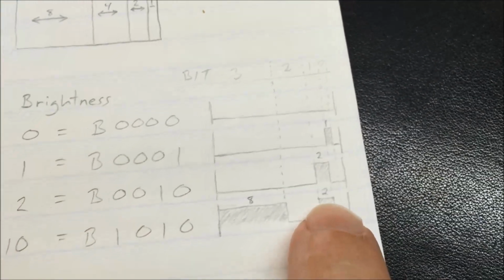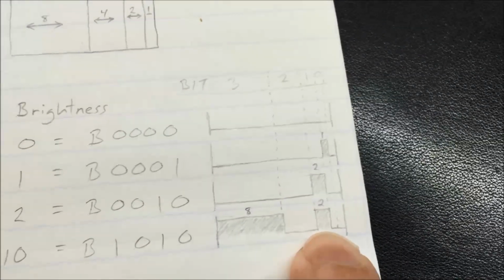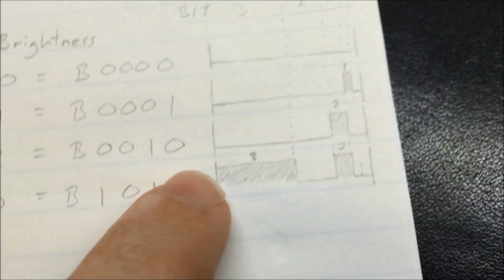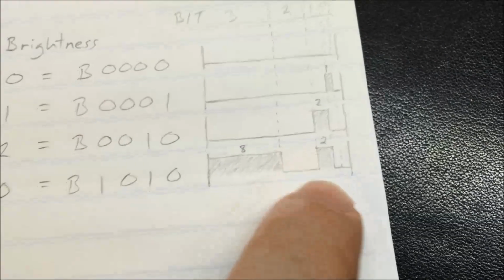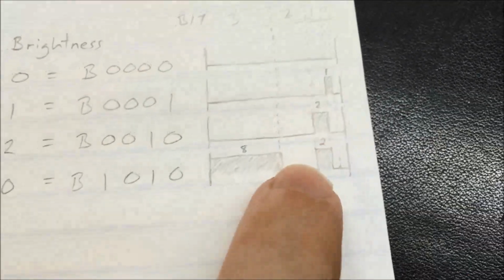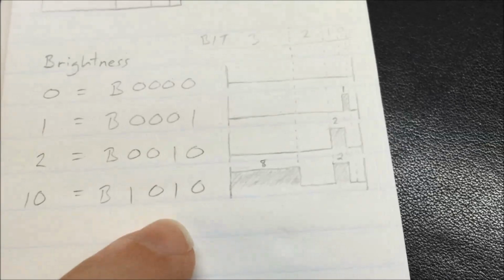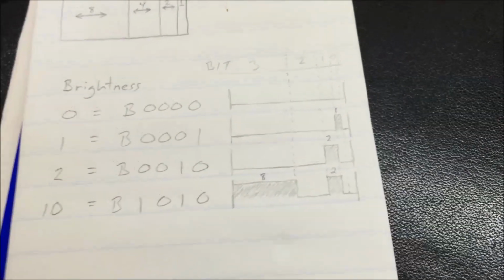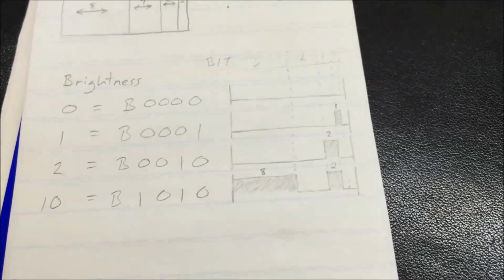So you hold it on for 2 units of time, and then you hold it on for 8 units of time. So if you graph it out compared to PWM, it's just holding your pin high and low for different amounts of time, but it does it a little bit differently, and it makes it a little bit more efficient, and you can implement it via software pretty easily.